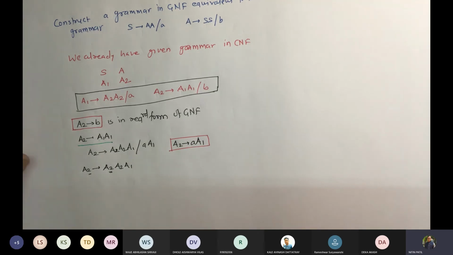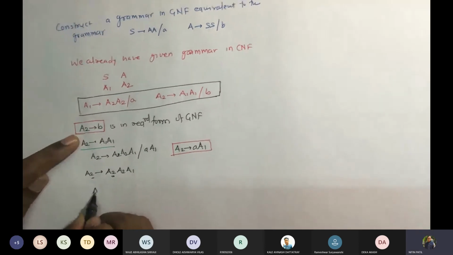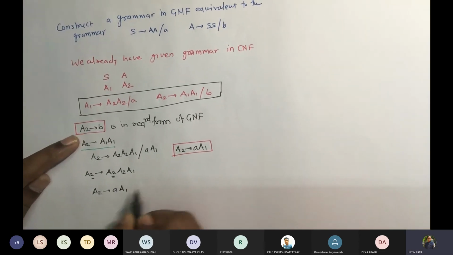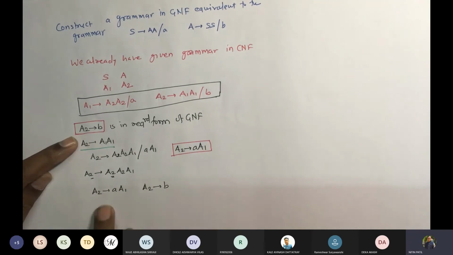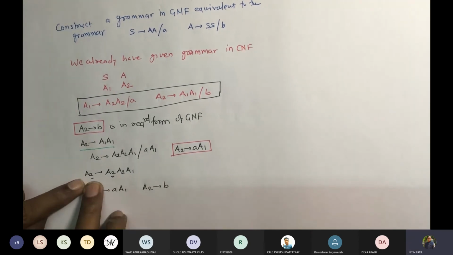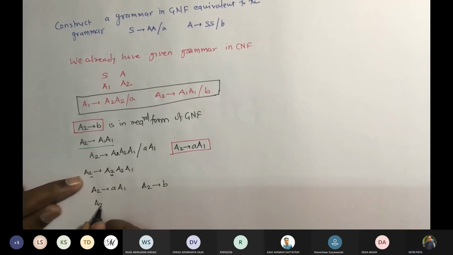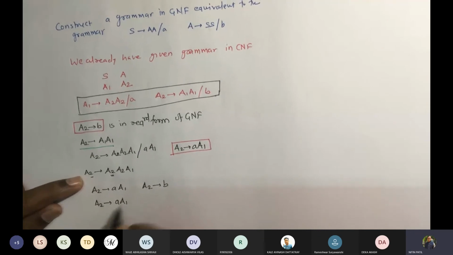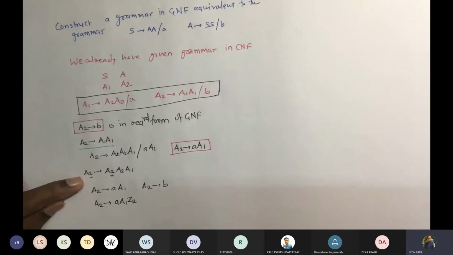How many productions are there for A2? So we have written A2 gives A1 and A2 gives B. Correct? Now, as we see that this is a left recursion, A2 gives A2, that's why we will write this as A2 gives A1, and I will introduce a new variable called Z2.